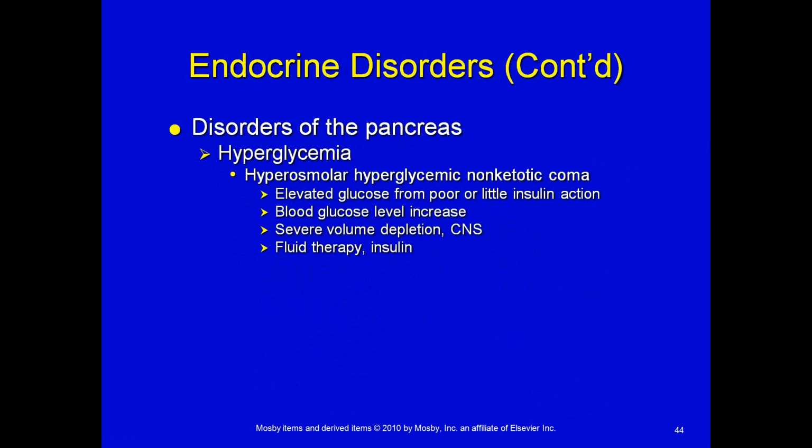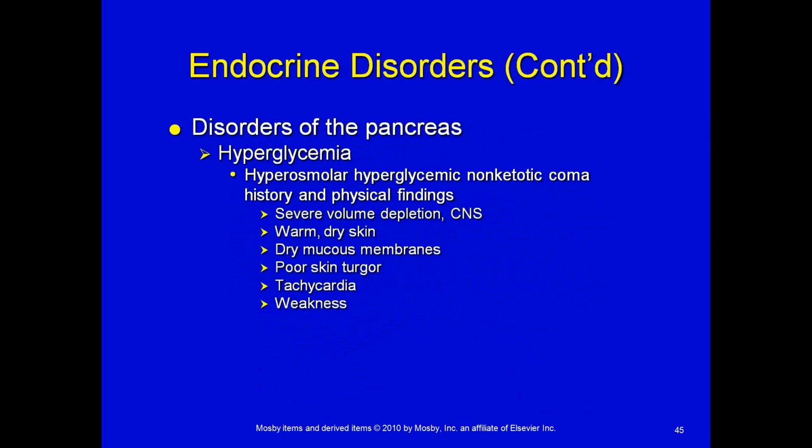So they have all the dehydration. They're going to have the electrolyte disturbance, the low potassium, the severe dehydration, but they're not going to have the deep, rapid breathing or the metabolic acidosis. Treatment for those folks, of course, would be to replace the fluid and to give insulin.